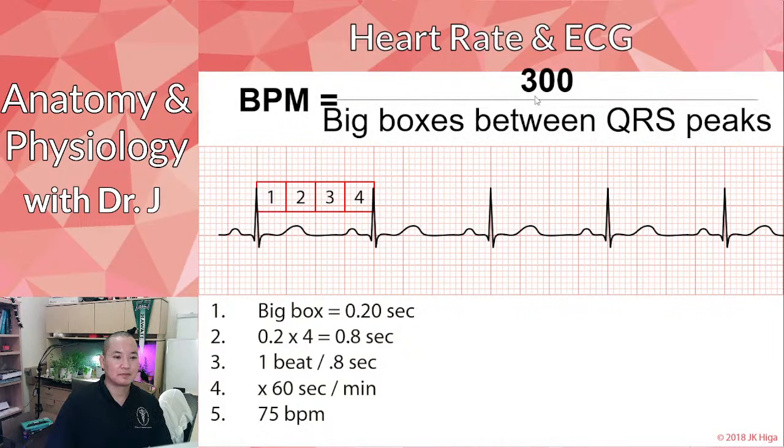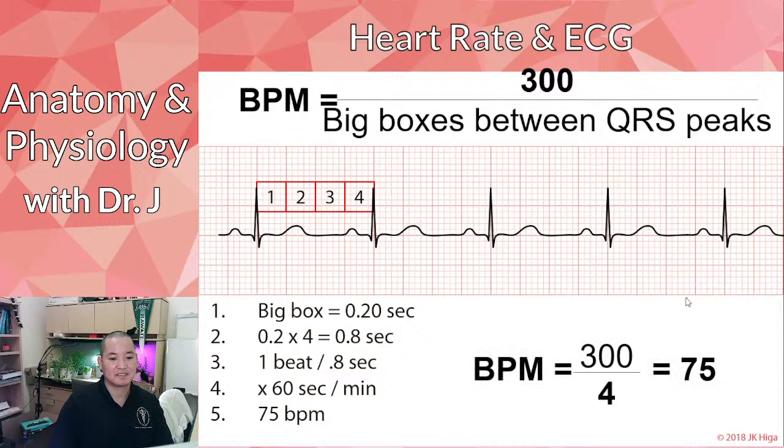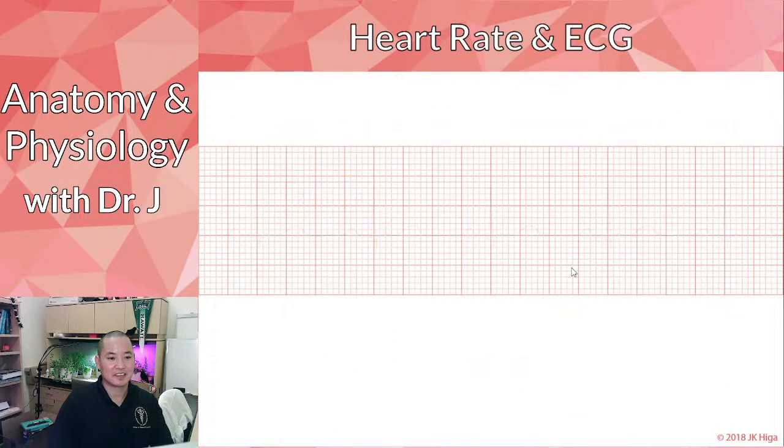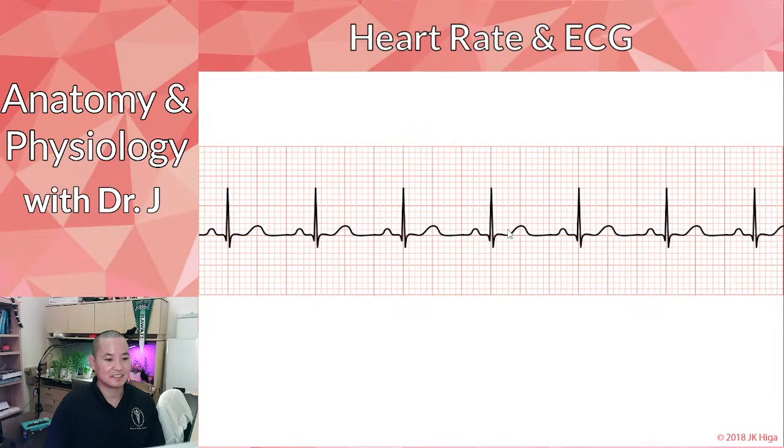But what about using this formula? Well, 300 divided by 4, so let's just divide by 2 twice. 300 divided by 2 is 150, and 150 divided by 2 is 75, right? This is why I like that formula, because it's really quick for me to calculate. But there are multiple ways to calculate this. This is the one that I find the easiest.